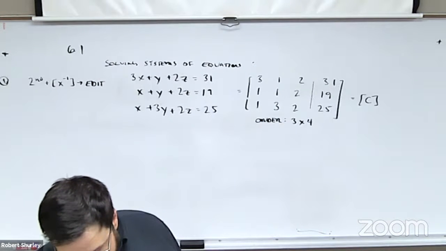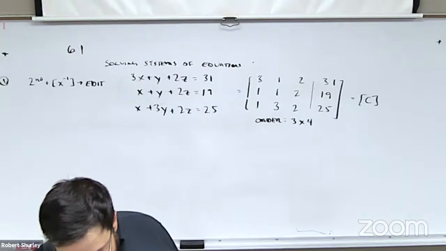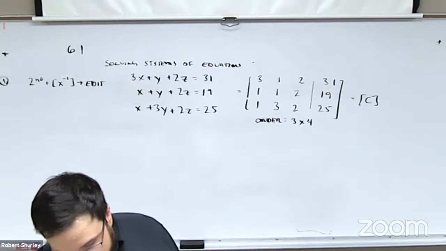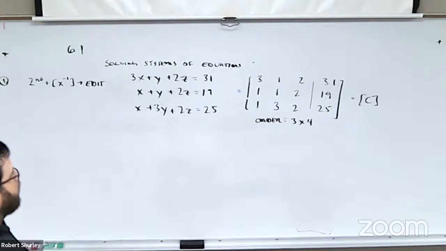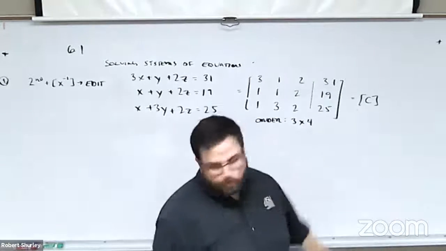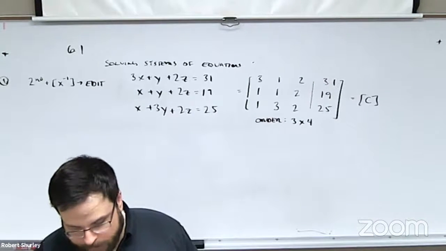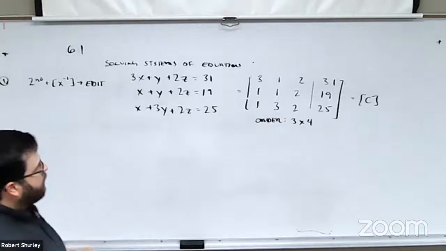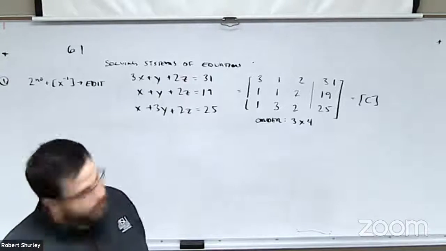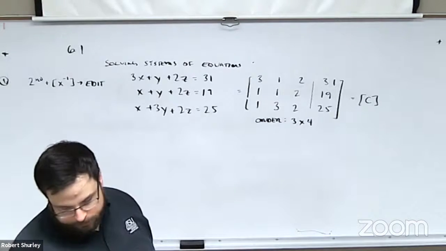Oh, shoot. I don't want to edit matrix A. Second matrix edit. Now I'm going to go down to C here because we are going to edit matrix C. Remember, we've got to put the order in. So when we put the order in, this one's going to be 3x4.